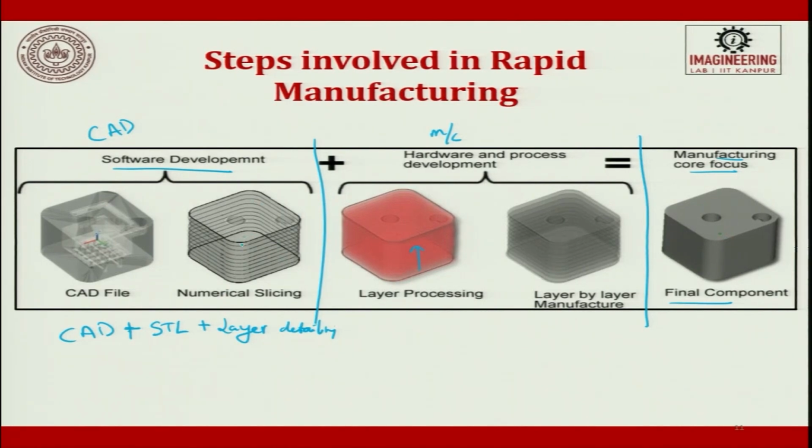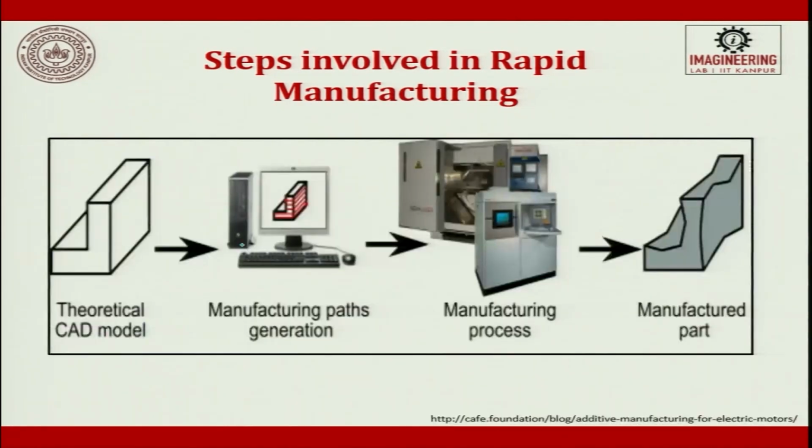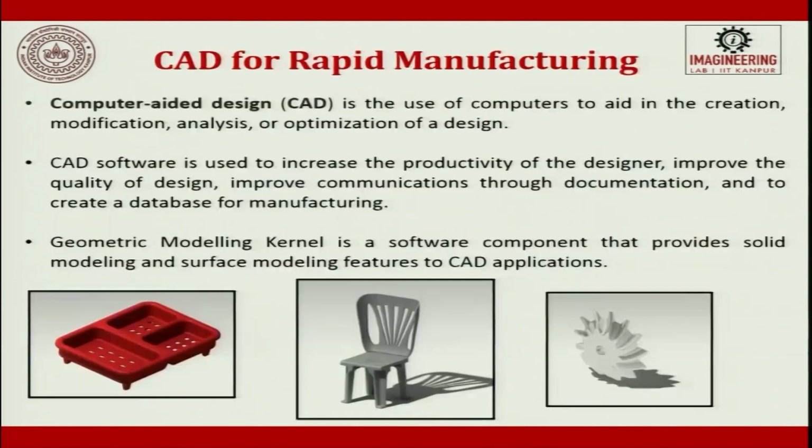Then the theoretical CAD model is developed. From the theoretical CAD model, you develop the manufacturing path generation, and this path will be transferred to a rapid prototyping machine, and that is the manufacturing process, and finally what you get is the manufactured part.